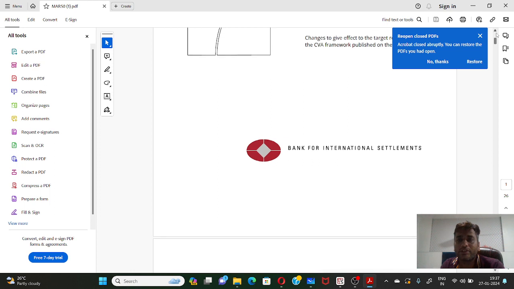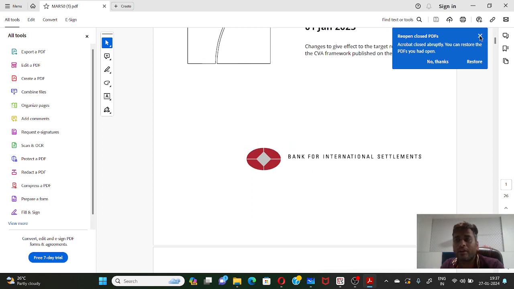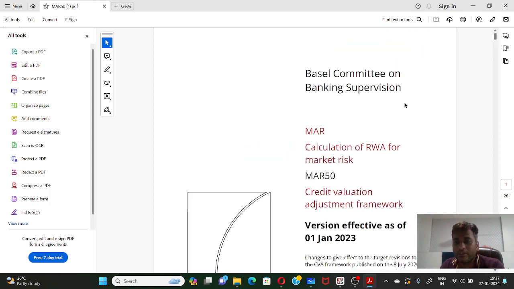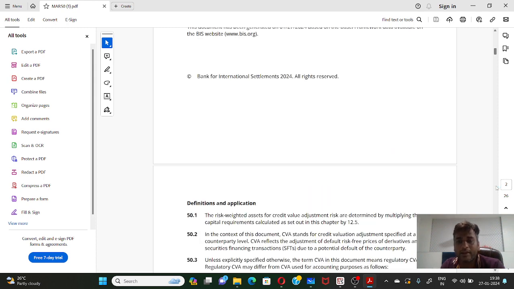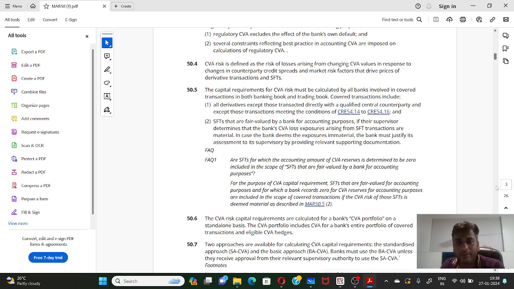The regulation they are proposing is essentially the calculation of risk weighted assets for market risk. Within that, there is a subtopic called the credit valuation adjustment framework, and then there is a very lengthy white paper. It starts with definitions: what is a risk weighted asset, what is CVA risk, and all of that.